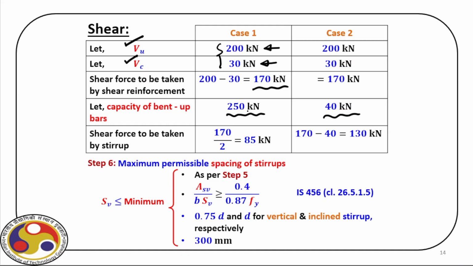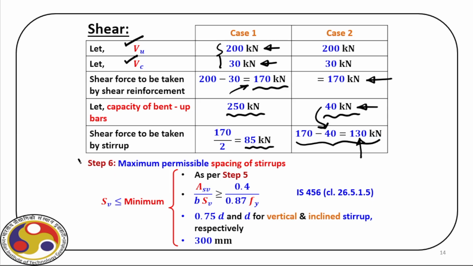Then in the first case, we can go up to half of this value, which is here, that is 85 kilonewton from these bent up bars. And for the other case, because we have a smaller value, we can go for the shear force for the stirrup as 130 kilonewton, which is the difference between this value here minus the capacity offered by the bent up bars.